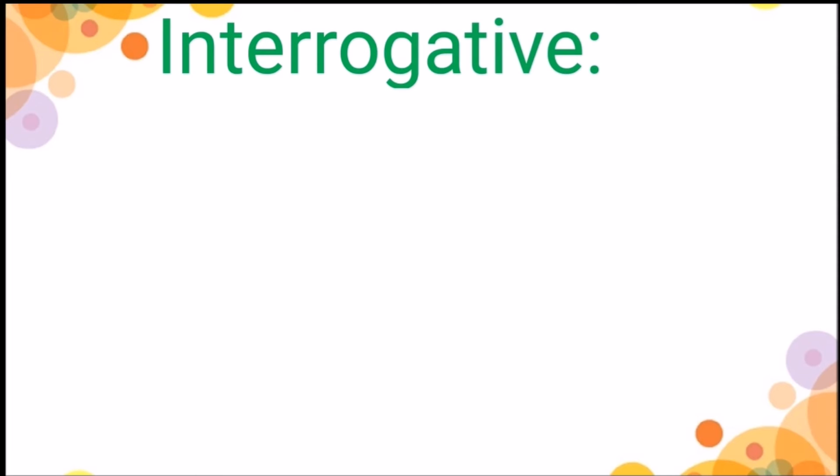And what about questions? Now, we will look at there is and there are in the interrogative. In questions, the verb goes first. So we simply change the positions of two words.